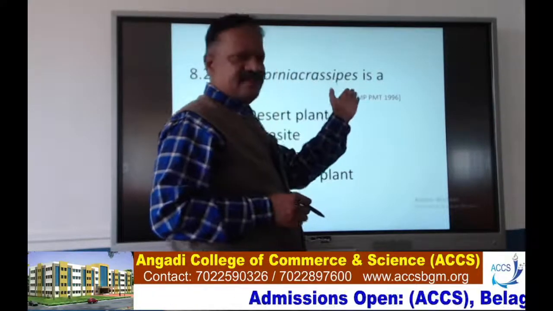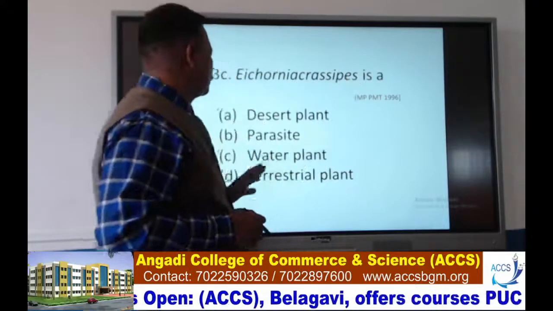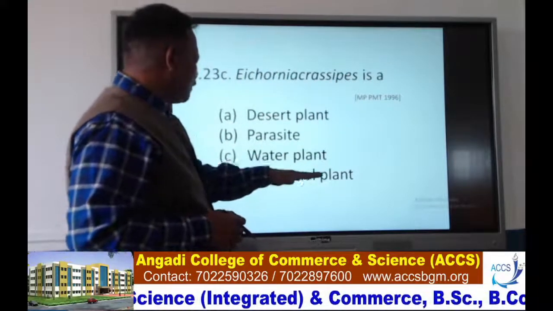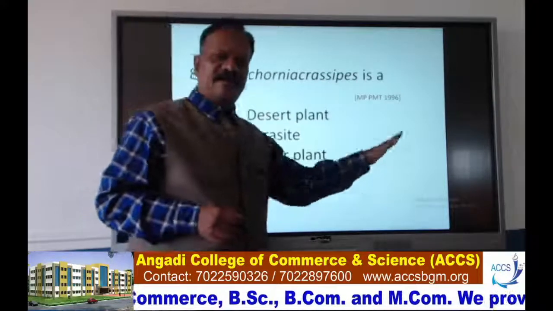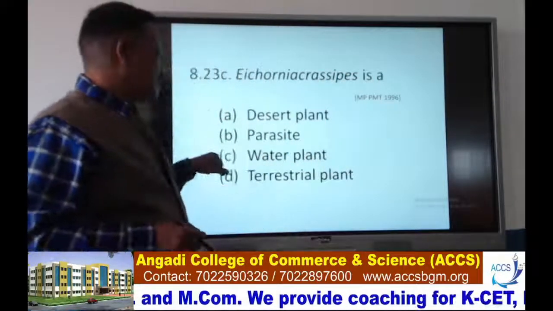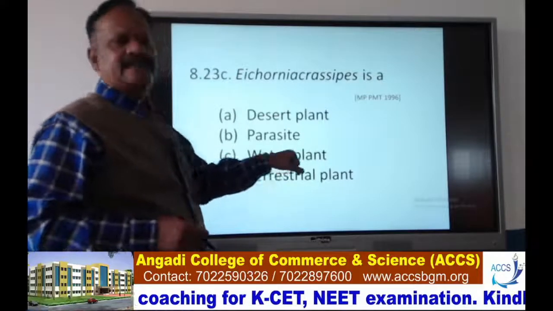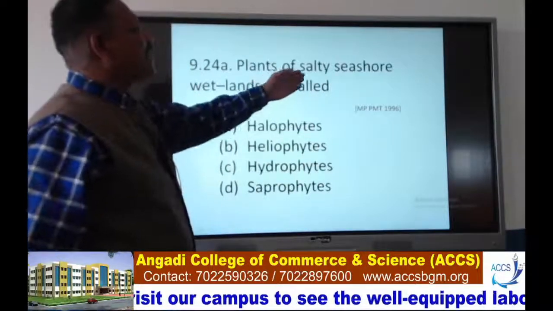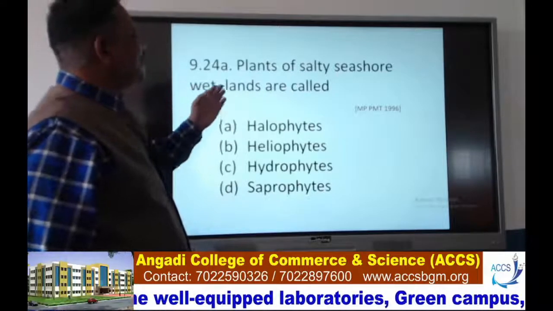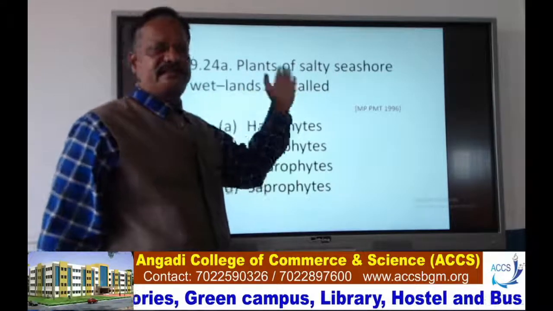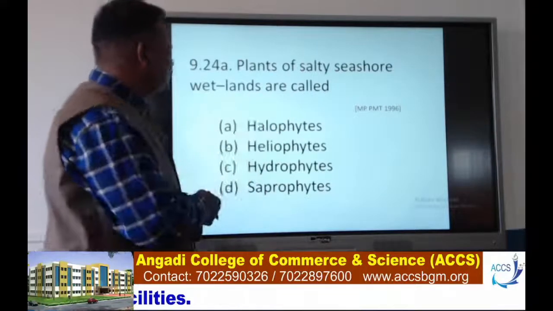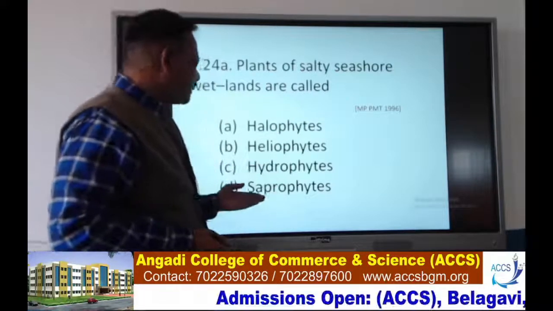Next, Eichhornia crassipes is a, just see, desert plant, parasite, water plant, terrestrial plant. It is a hydrophytic plant. So you are calling option C, that is the water plant. Next one. Plants of salty seashore and wetland are called halophytes, heliophytes, hydrophytes, saprophytes.